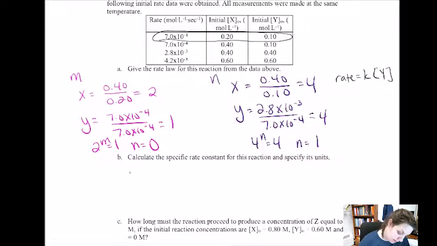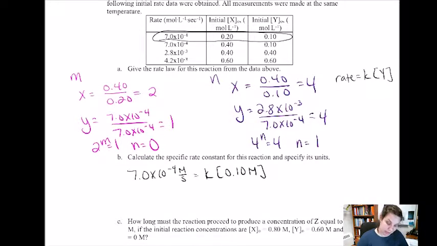So we have a rate of 7.0 times 10 to the negative 4 molarity per second is equal to k times 0.10 molar. No squares, no anything else.